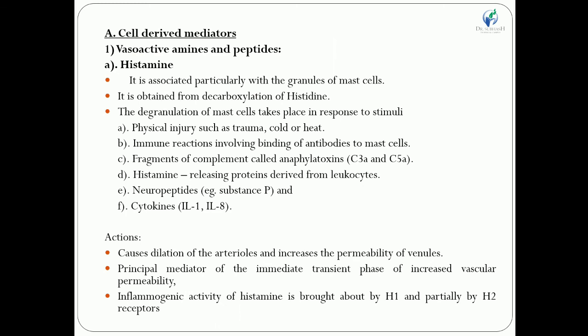Vasoactive amines include histamine. Generally histamines are stored in the form of granules, and those granules will be present within the mast cells. It will also be present in basophils and the platelets. Histamine is released from these cells, that is mast cells, basophils and the platelets, by various agents.